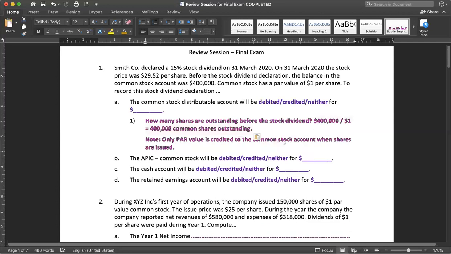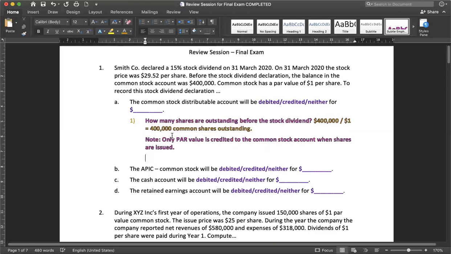All right, so there's 400,000 shares outstanding. That's number one. Now, we've got to continue here because there is a 15% stock dividend. So therefore, if there's 400,000 shares and the company is issuing a 15% stock dividend, then with this stock dividend, they're going to be issuing an additional 60,000 shares.